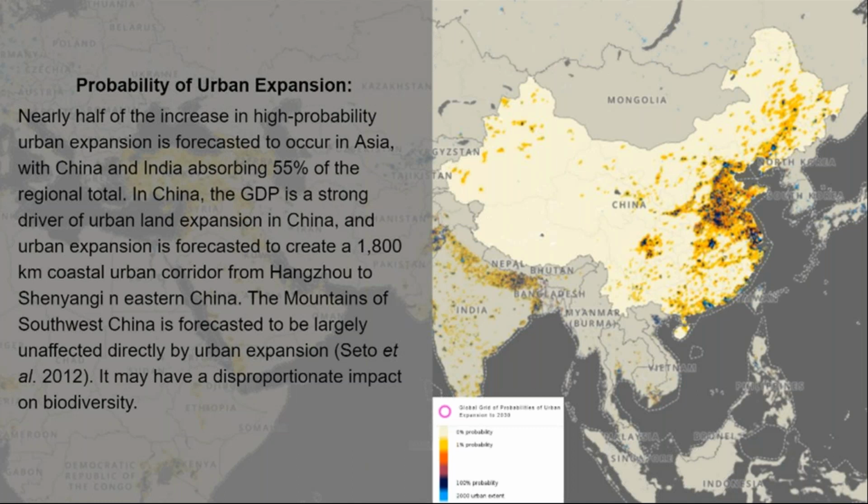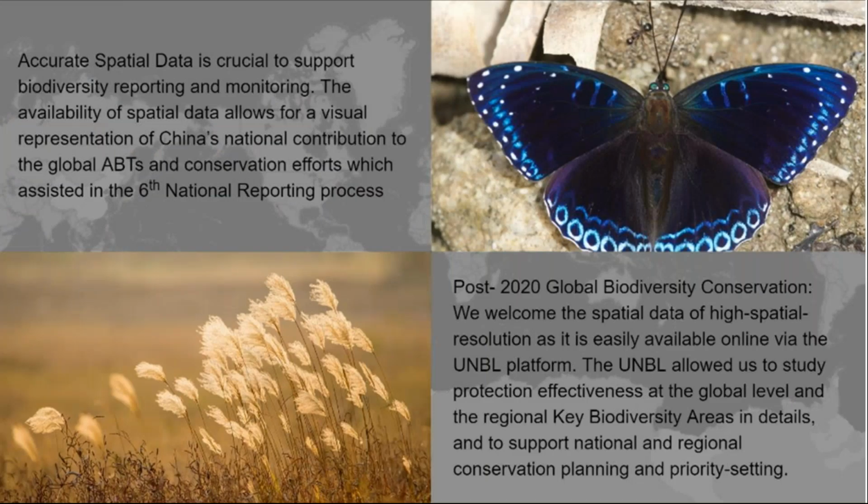In China, the GDP is a strong driver of urban land expansion, and the urban expansion is forecast to create a 1,800 kilometer coastal urban corridor from Hangzhou to Shenyang. Much of the forecasted urban expansion is likely to occur in eastern China. The mountains of southwest China are forecast to be largely unaffected directly by urban expansion, but it may have a disproportionate impact on the biodiversity. Next slide, please.